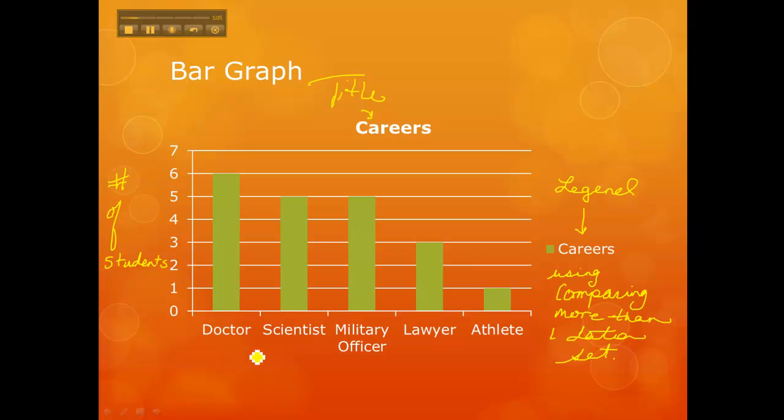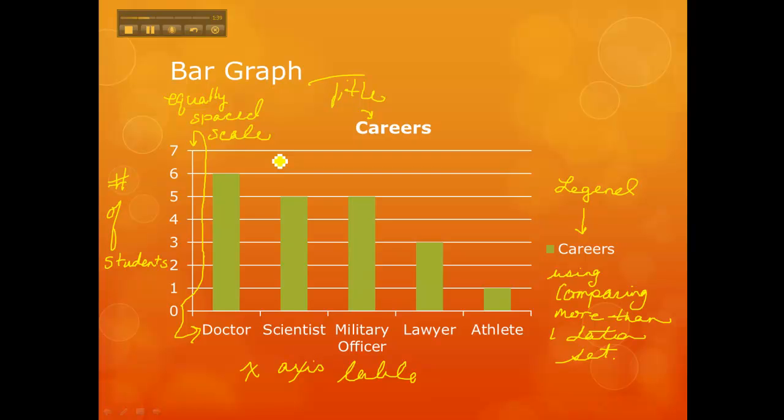You need some sort of x-axis label. Here are our categories or our classes: doctor, scientist, military officer, lawyer, athlete. You need an equally spaced y-axis scale, and not only for the y-axis, but you also need it for the x-axis.